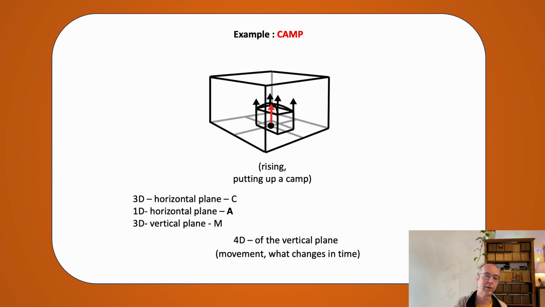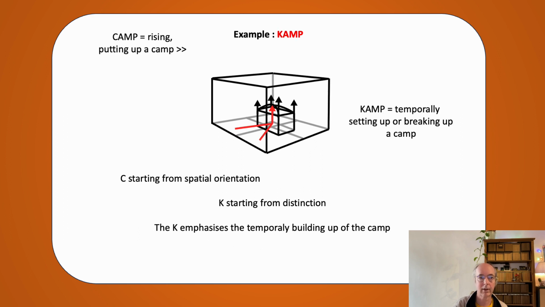Is it the same for other languages? When I have the reference points of the Dutch word kamp, this word is written differently. It's written with a K. Does this make a difference? Yes, it does. Here the K is on the same plane, so there's not much difference, but this K is a breaking point of change.